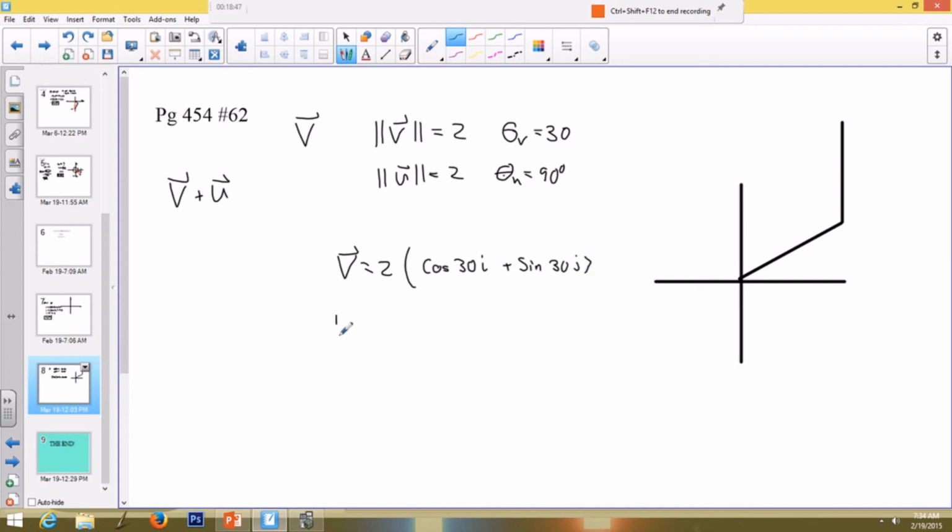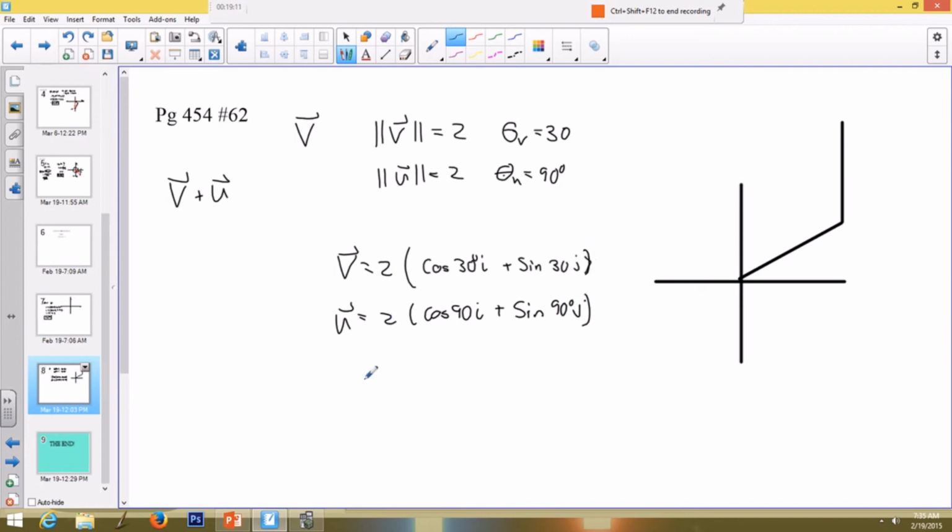And vector u is 2 times the cosine of 90 degrees times the i vector plus 2 times the sine of 90 degrees times the j vector.